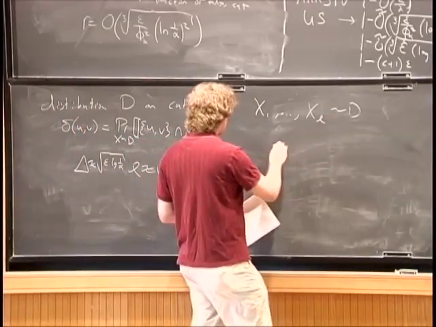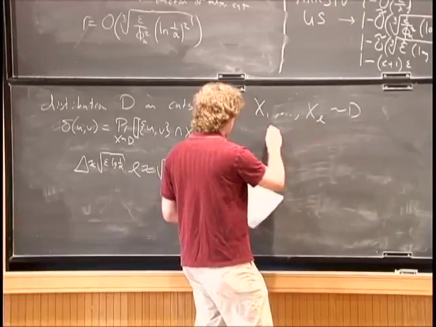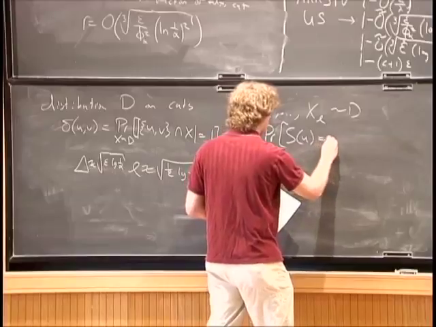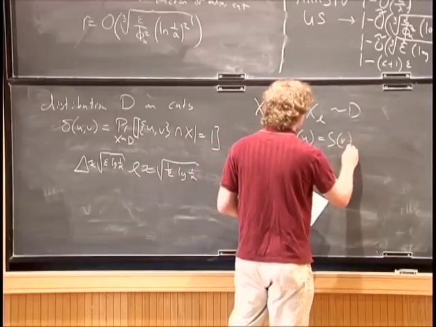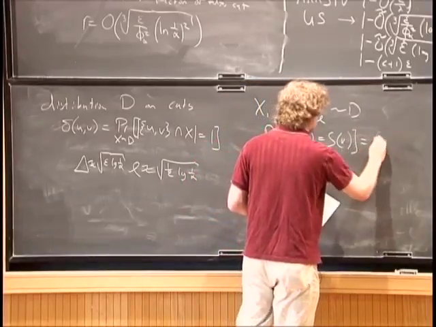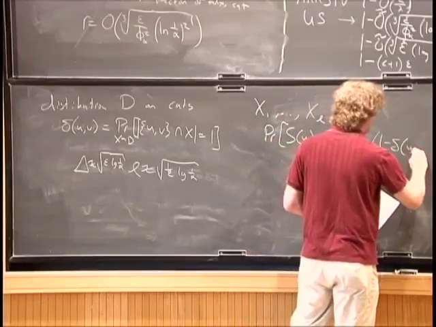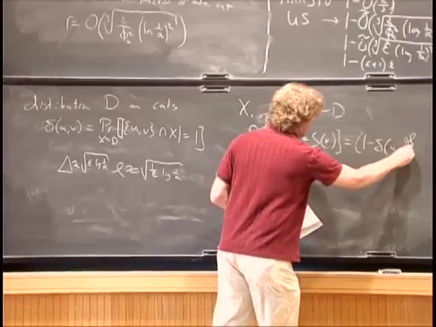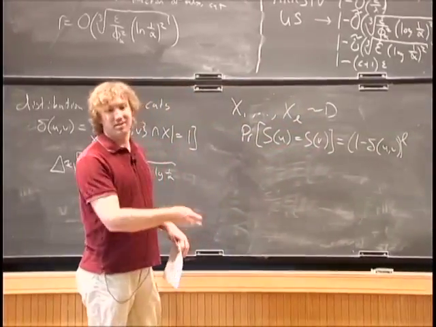So for any pair U and V, the probability that they're in the same set is exactly 1 minus delta UV to the L. Just the probability that they're not cut L times.